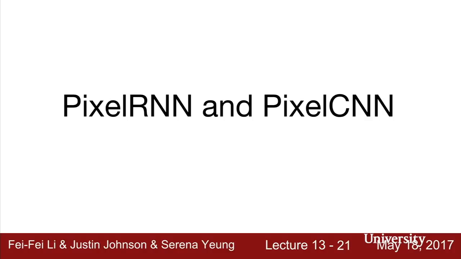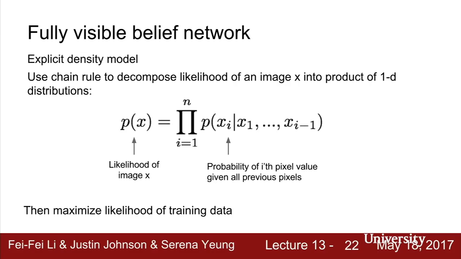So let's first talk about pixel RNNs and CNNs. These are a type of fully visible belief networks, which are modeling a density explicitly. In this case, we have this image data x, and we want to model the probability or likelihood of this image, p of x. Right? For these kinds of models, we use the chain rule to decompose this likelihood into a product of one-dimensional distributions.